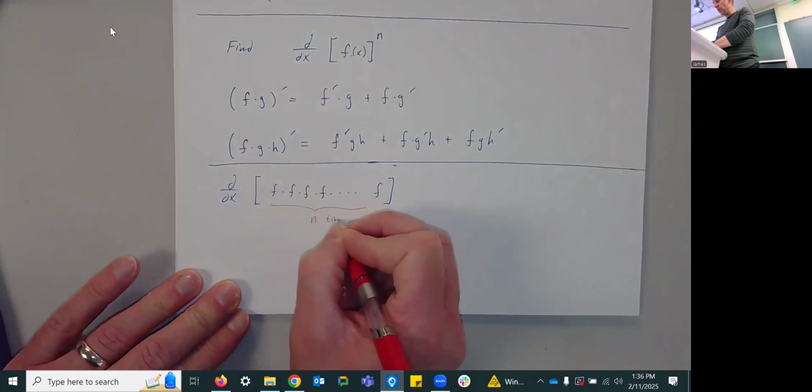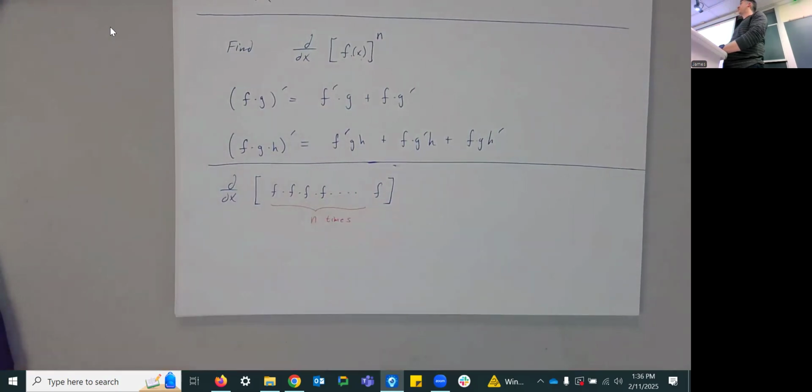Okay, when I do this n-tuple product rule, how many pieces am I going to get? N. And each piece is going to have 1 derivative and the other n minus 1 not derivatives.